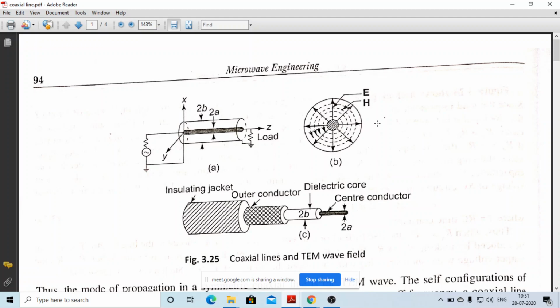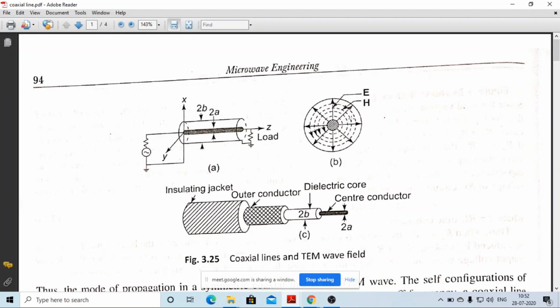And if you see carefully, if this coaxial cable is placed in the z direction, let us assume the wave propagation is in the plus z direction. You will see that the electric field is perpendicular to the z direction, and the magnetic field, which makes the loop, is also not in the direction of z.